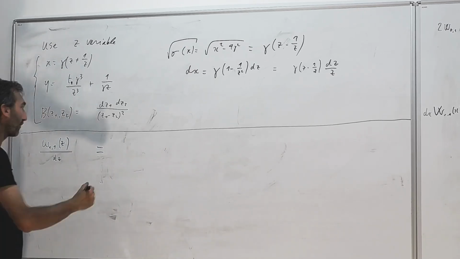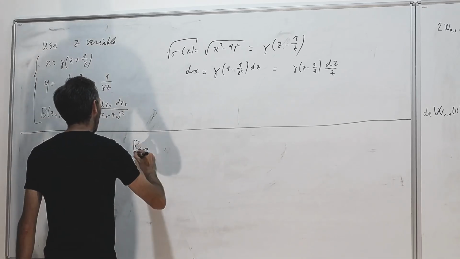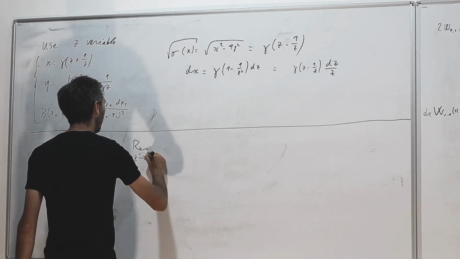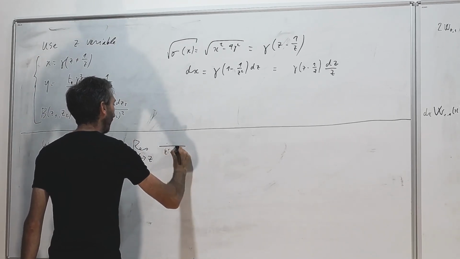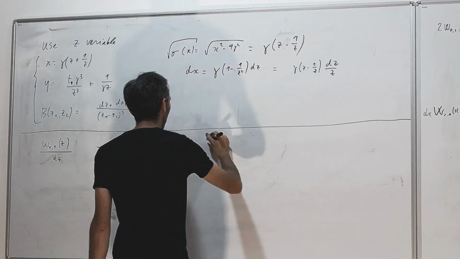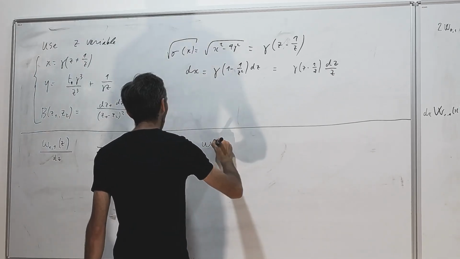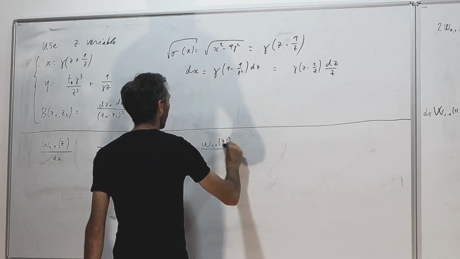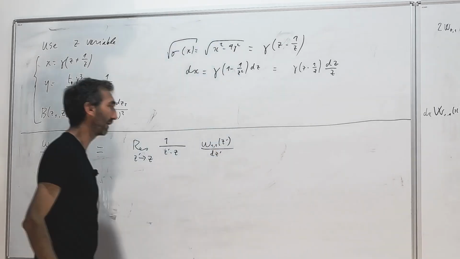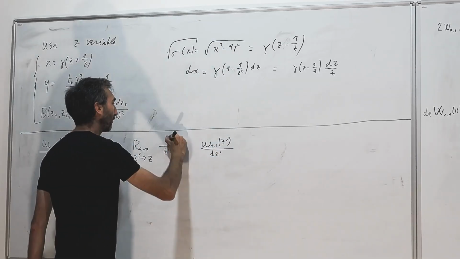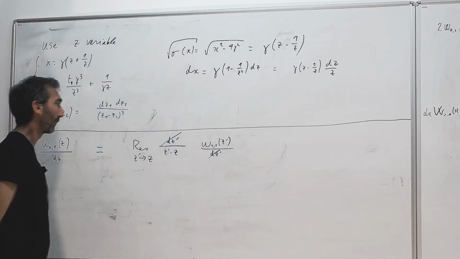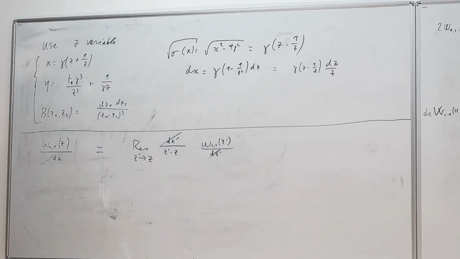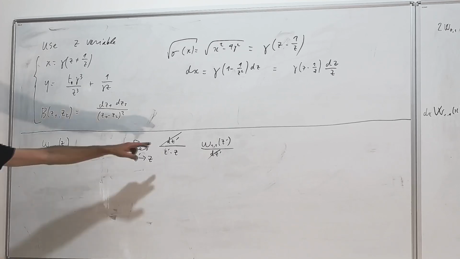And let me just say that it is the residue when another variable, let's call it z prime, goes to z of 1 over z prime minus z times omega 1 of z prime, and again, to make it a function, I divide by z prime, but remember that the residue is a differential form, so you should put the dz prime. The miracle is that the dz prime goes away. Somehow omega 1 contains the dz prime.